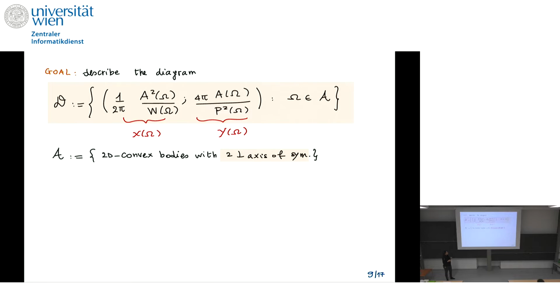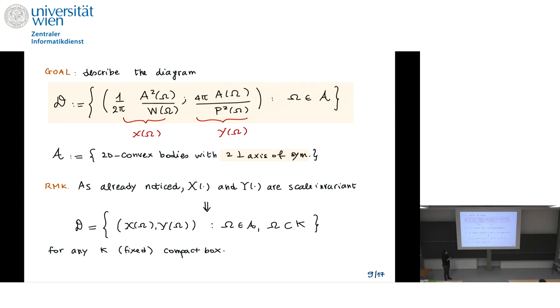And in the second component, we have the area divided by the perimeter square. And as I said, we work among 2D convex bodies which have two axes of symmetry. So I will refer to the first component as x, the second as y. But since they are not easy to memorize, I will recall the definition in every slide.